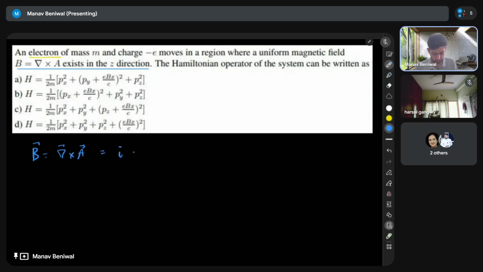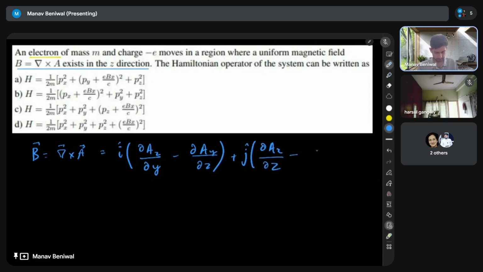So we can write it as, the i component, this will be del Az by del y minus del Ay by del z, plus the j component, del Ax by del z minus del Az by del x, and finally the k component, del Ay by del x minus del Ax by del y.